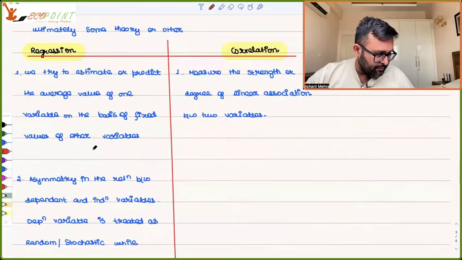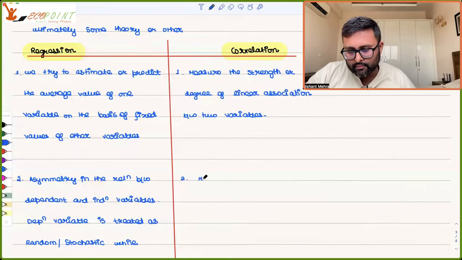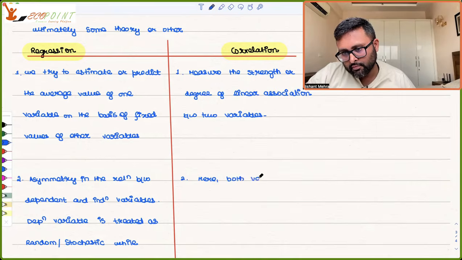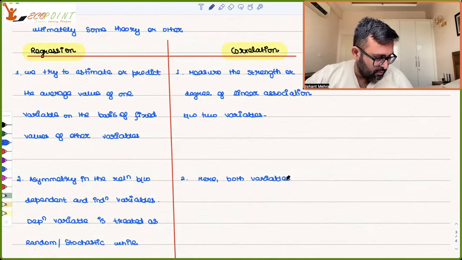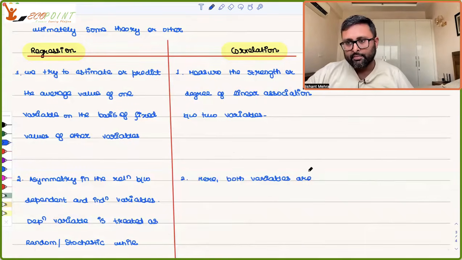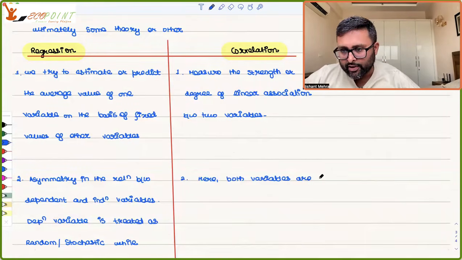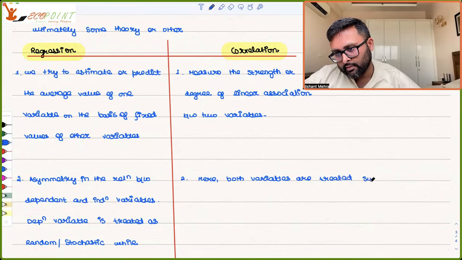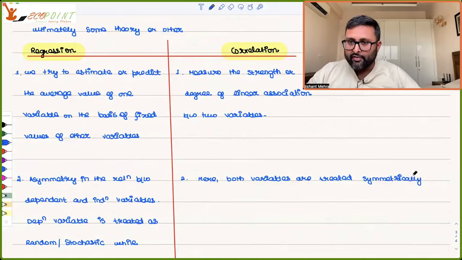What about correlation? So here, both variables are treated symmetrically. Both variables means one is the dependent variable, the other is the independent variable. In fact, there is no dependent or independent variable in correlation.